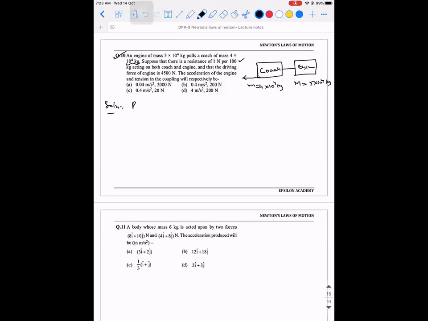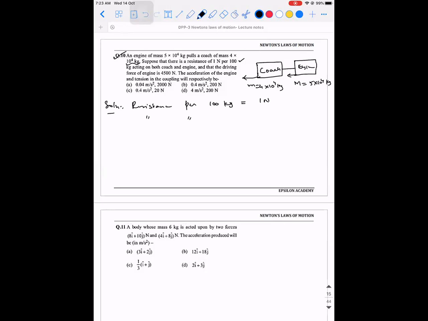Resistance per 100 kilogram is 1 Newton. So what is the total mass that is trying to move, guys? 4 into 10 power 4. It's not only 4. The same resistance is experienced by the engine also.